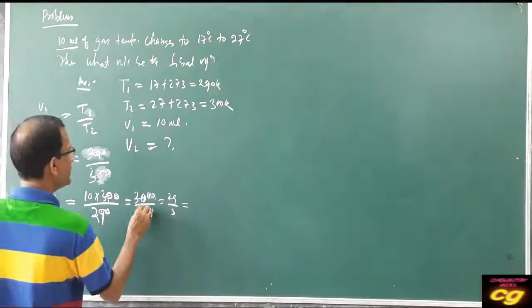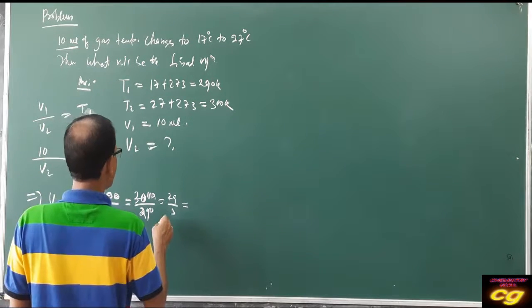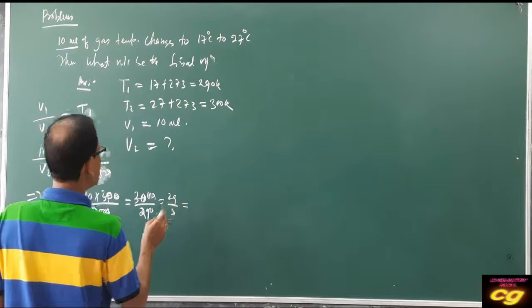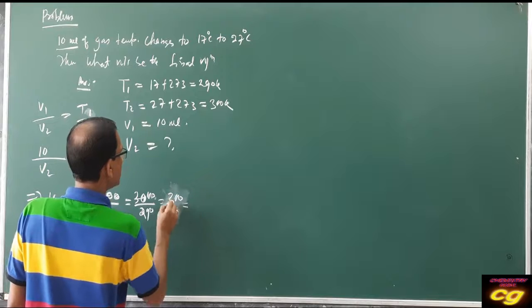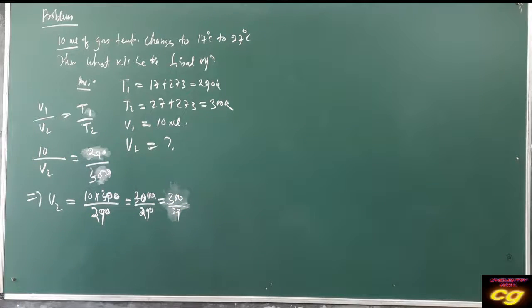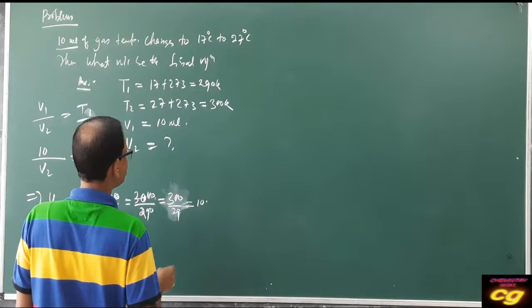3,000 by 290. That means 300 by 29. It will be approximately 10 point something.